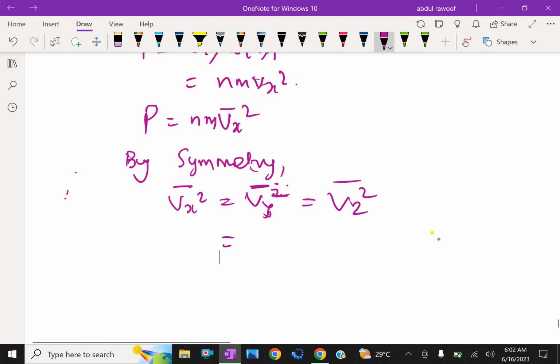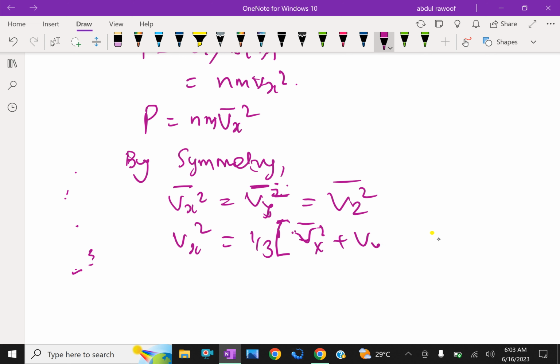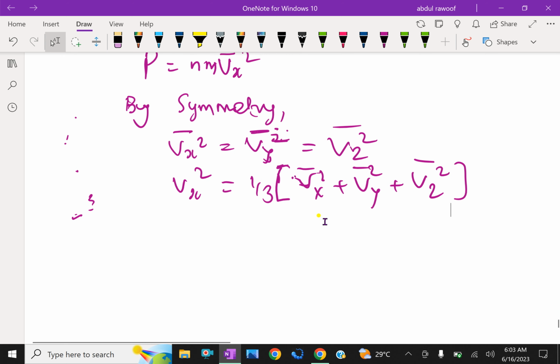Therefore, Vx square can be written as 1/3 of the sum Vx square plus Vy square plus Vz square, which is 1/3 of V square.